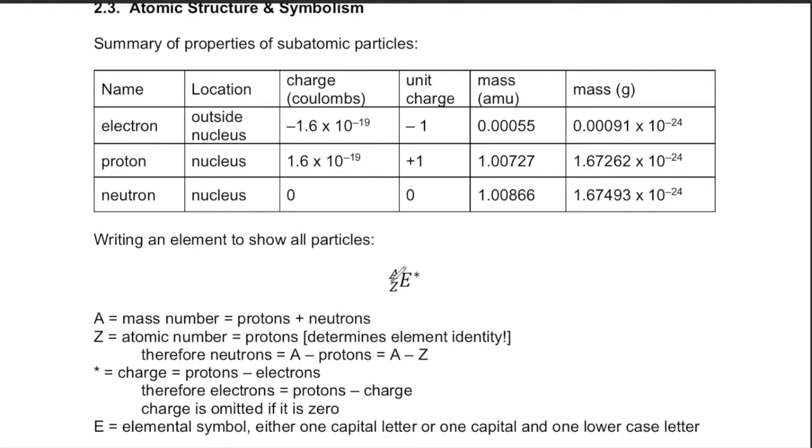When we write an element in a way that shows all of these particles, this is the symbolism that we use. E is the elemental symbol. So the periodic table has either a single capital letter or a capital and a lowercase letter to represent each of the different elements.